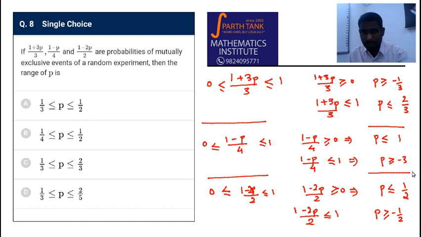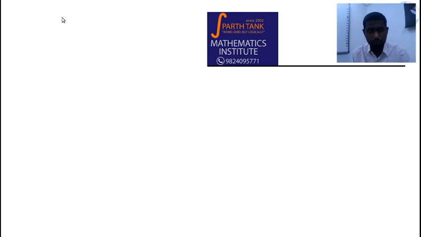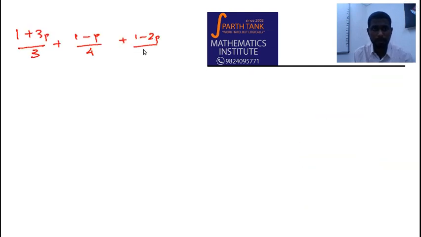Now, let us consider the total probability also should be less than or equal to 1. So that is (1 plus 3p)/3 plus (1 minus p)/4 plus (1 minus 2p)/2 should be less than or equal to 1. So the LCM is 12, of course.